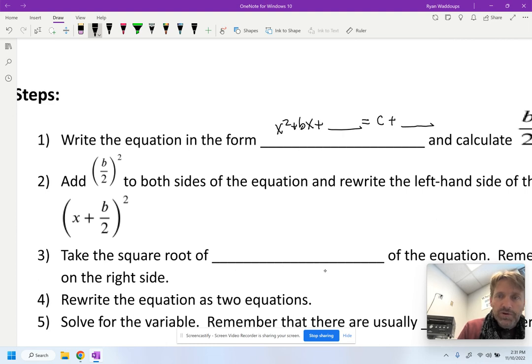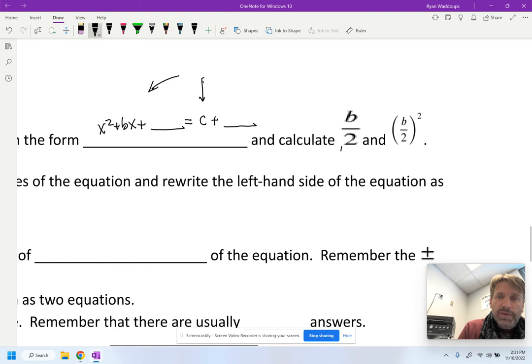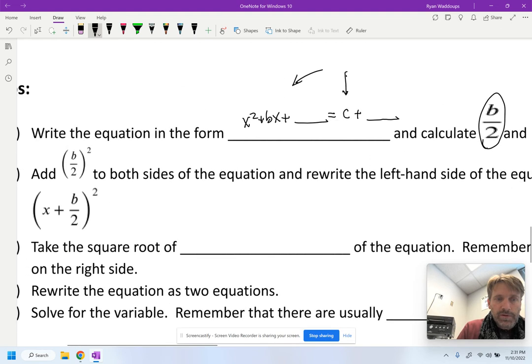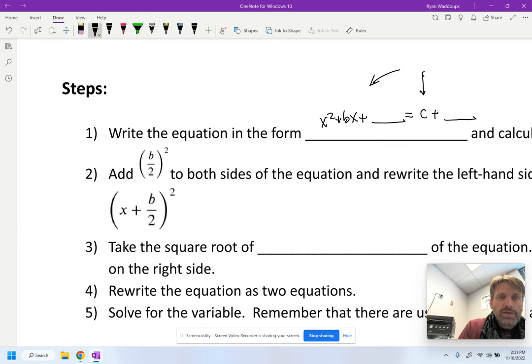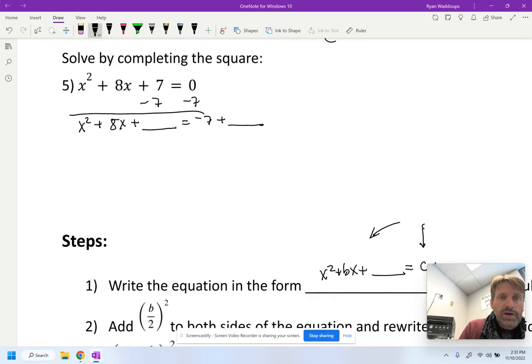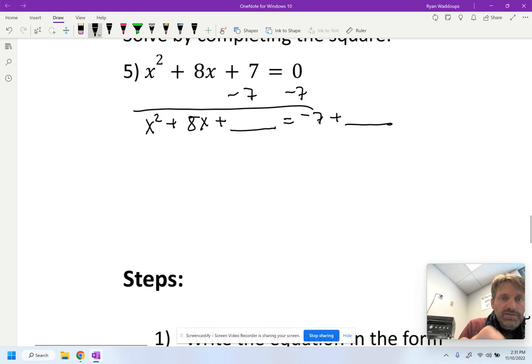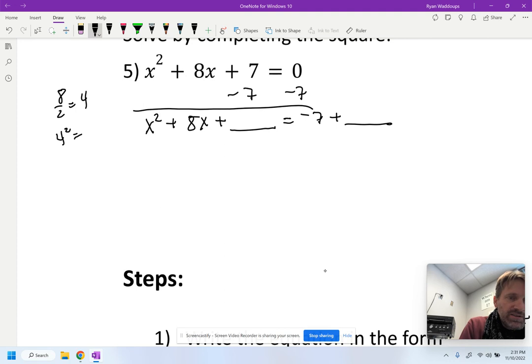So we got some number. This number came from over here. Calculate b divided by 2 and then b divided by 2 squared. So b divided by 2 in this case, 8 divided by 2 is 4, and then 4 squared is 16.